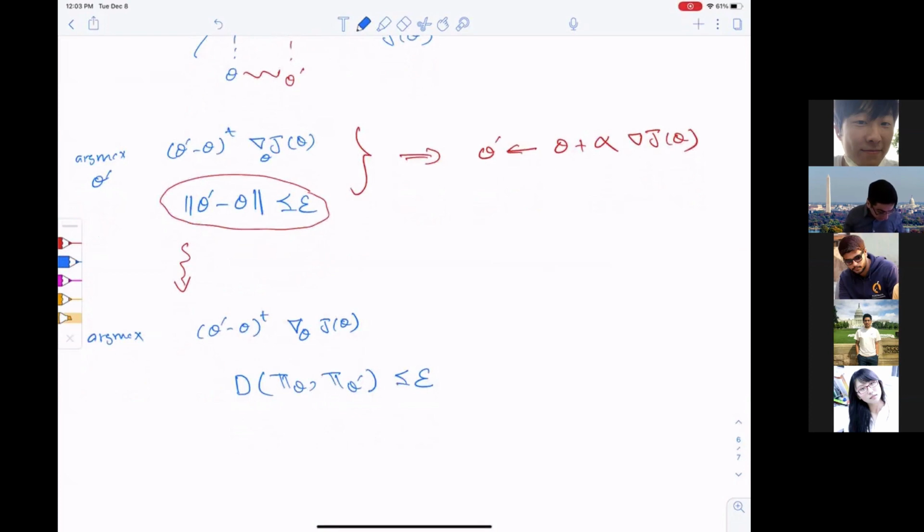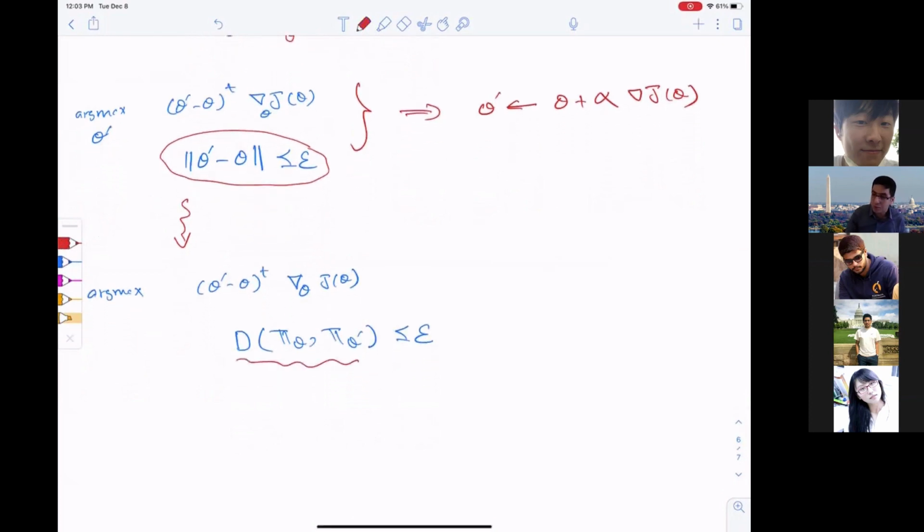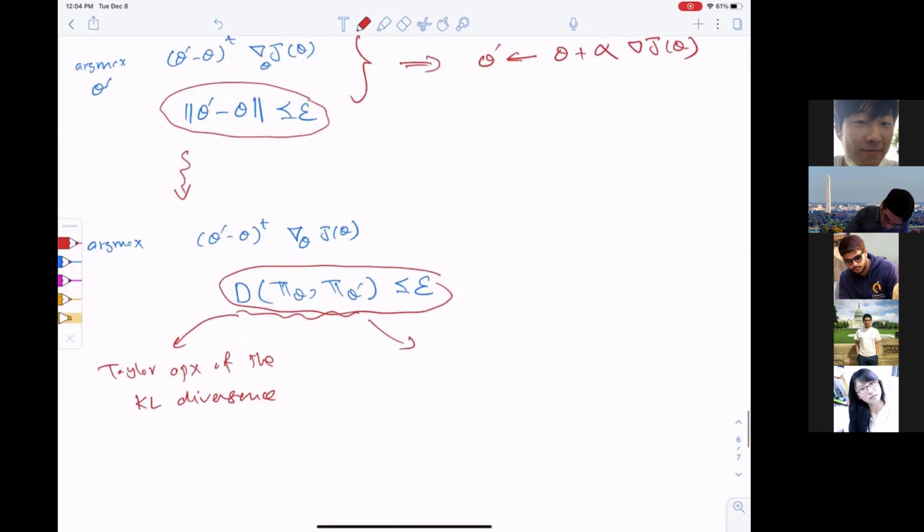All right, there are many choices for this divergence. I'm not going to go into the details, but a popular choice is the KL divergence. And in fact, we can use a Taylor approximation of the KL divergence. That's the most popular one that people use in practice. If we use a Taylor approximation of the KL divergence here, this constraint can be simply written as theta prime minus theta transpose, times theta prime minus theta, less than or equal to epsilon.